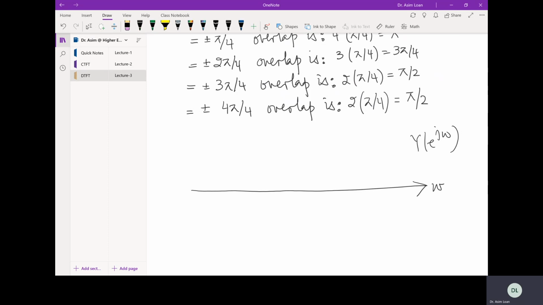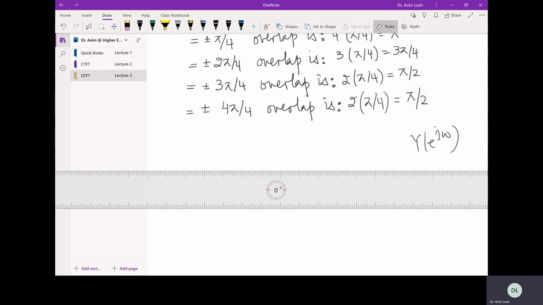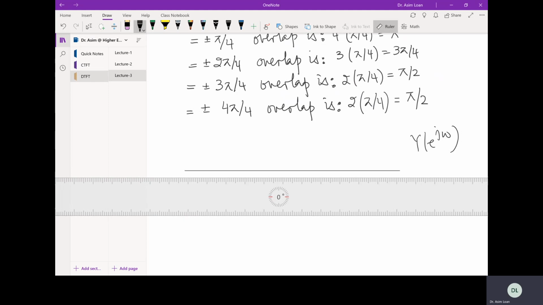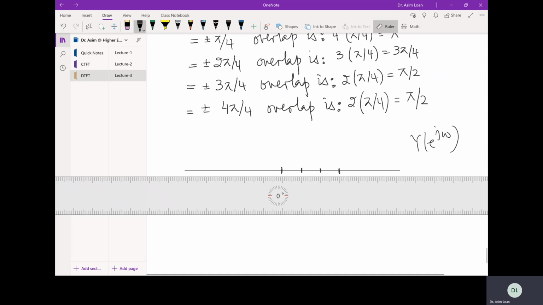Let me again draw it like this. So ruler, and 0, pi by 4, pi by 2, 3 pi by 4, and pi.